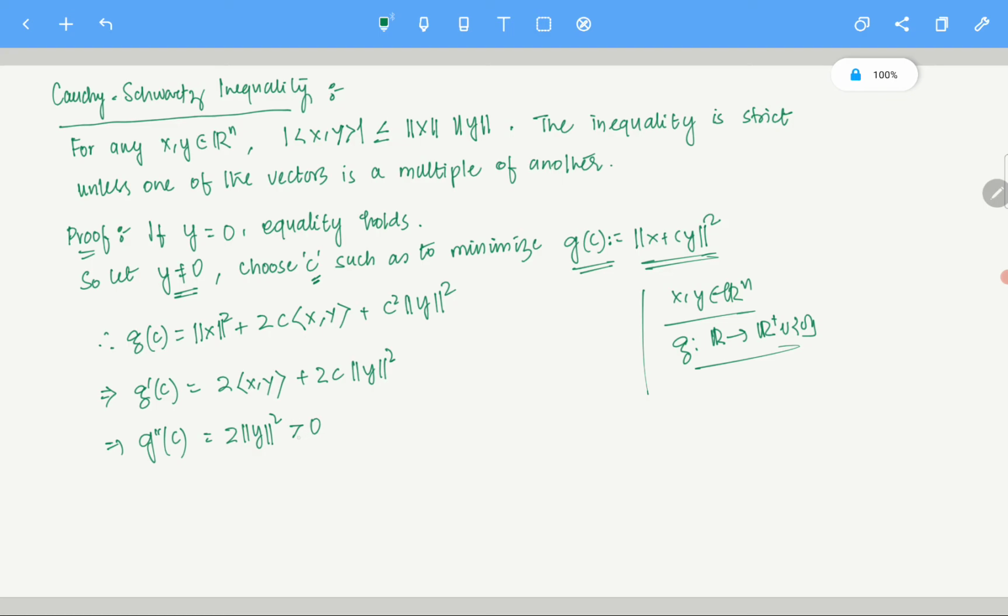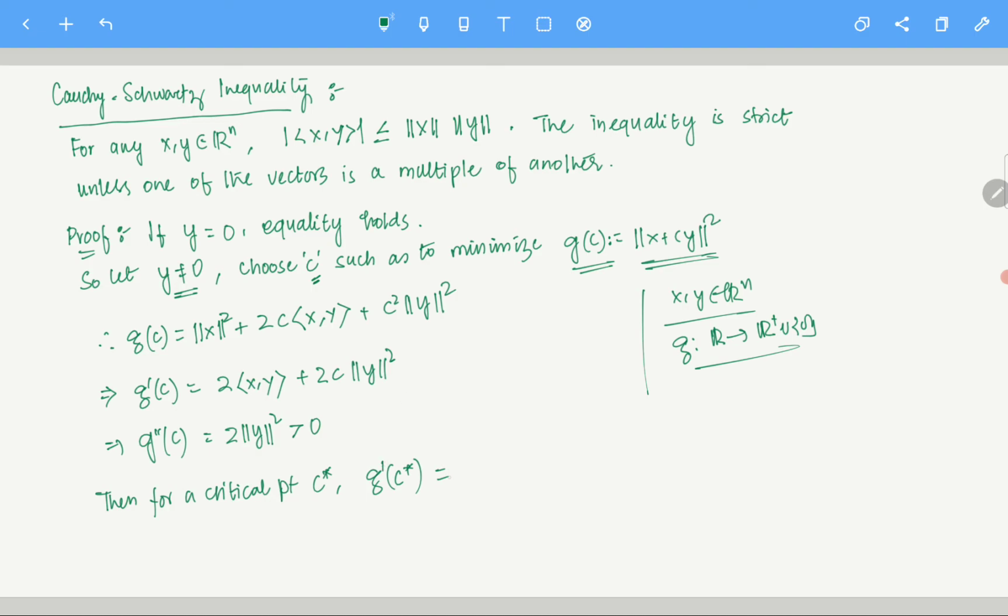What is happening here? For a critical point c star, g prime of c star is going to be 0, right?